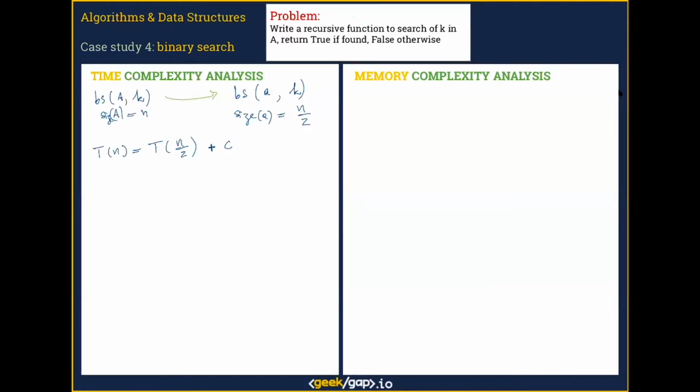So we have T of n: first the C, which is what to do next, and then the time of the next step. Does that make sense?